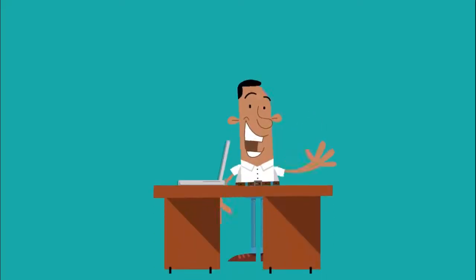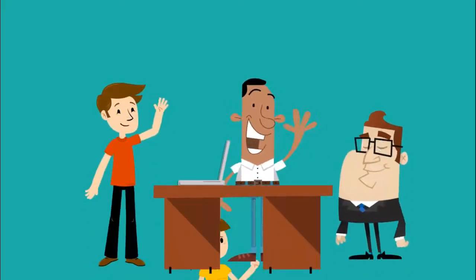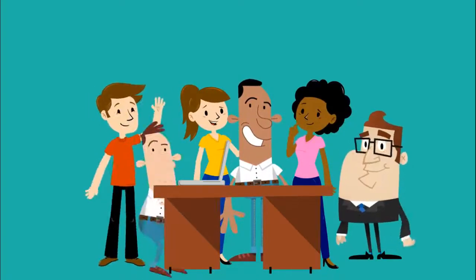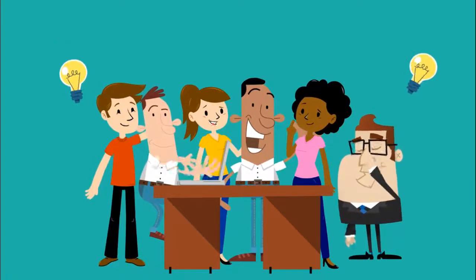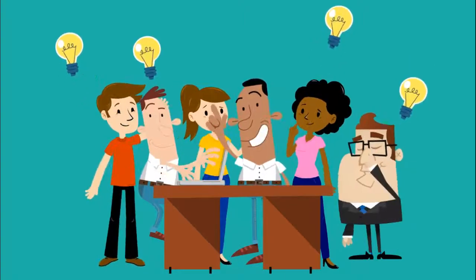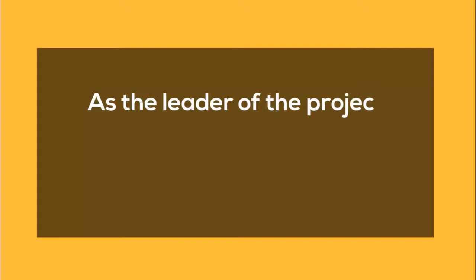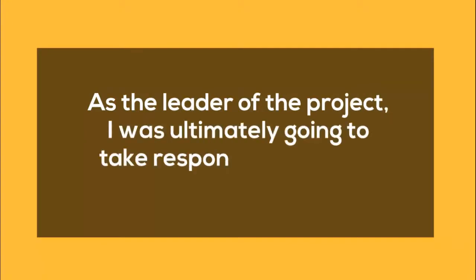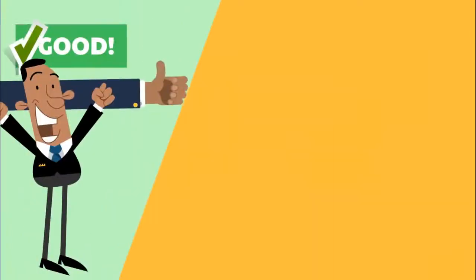I would describe my leadership style as collaborative, and as such, the first action I took was to let the team know that I really needed and valued their ideas and input, whilst reassuring them that as the leader of the project, I was ultimately going to take responsibility for the outcome, good or bad.